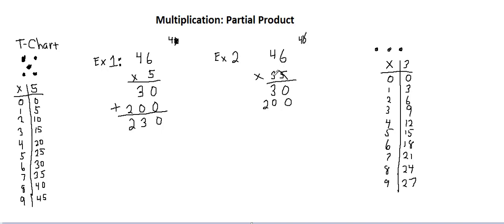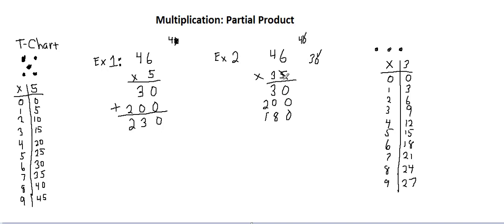Okay, and now we move over to the 3, but it's not really a 3, it's 30, because here we have 35. So we do 30 times 6. Okay, we put our 0 down to hold our place, and now we can just do the basic fact of 3 times 6. 3 times 6 is 18.